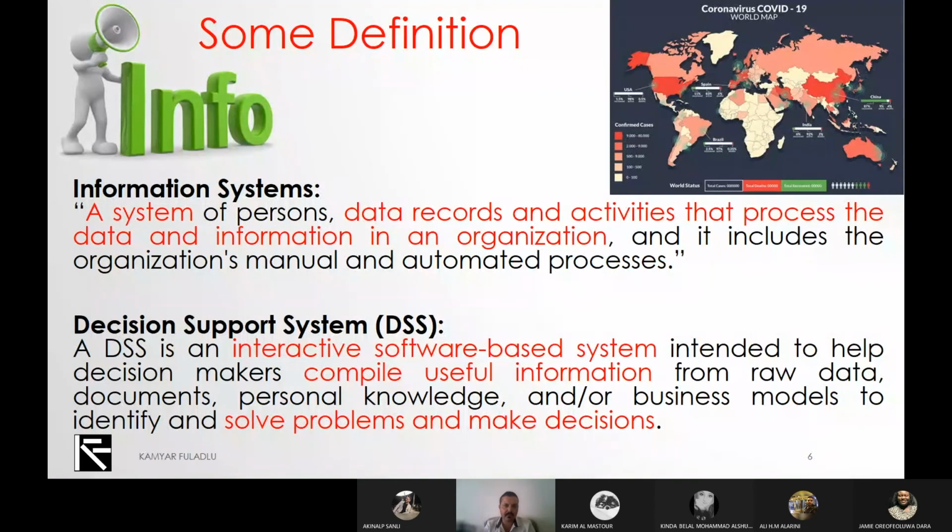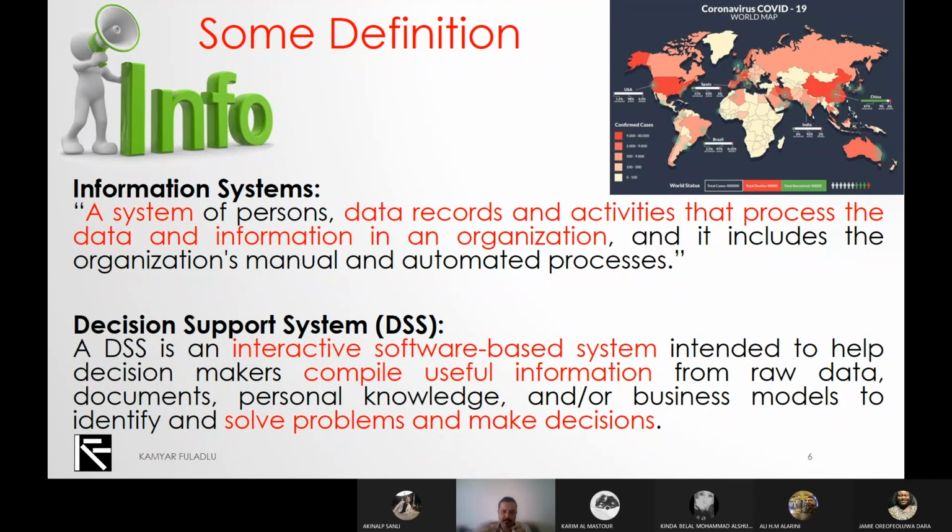Our course is a system. We have an aim, we have members. I am one member, you are other members. We work together, we have some activity, process, and we have an aim at the end. Coming to this part, we have an information system, and this system aims to process data in a very organized manner.